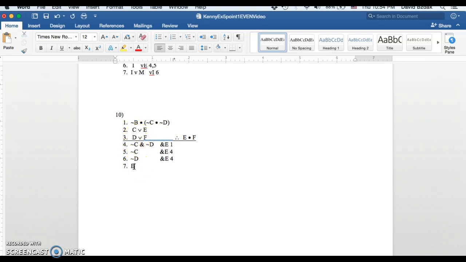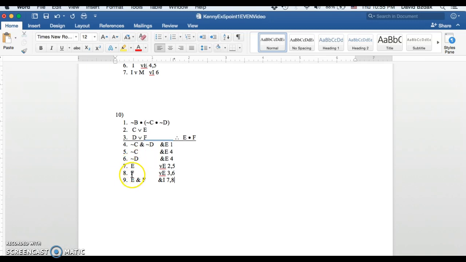So we can get E by disjunction elimination of 2 and 5. Get F by disjunction elimination of 3 and 6. And then the last thing we need to do, put those together with a conjunction introduction of 7 and 8.